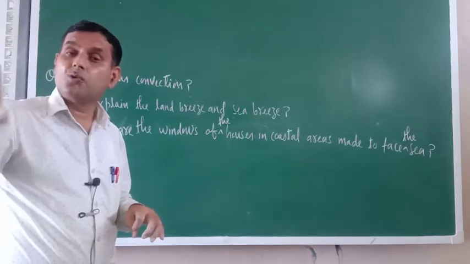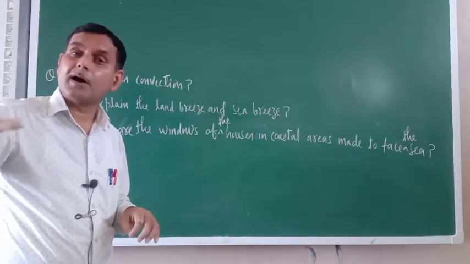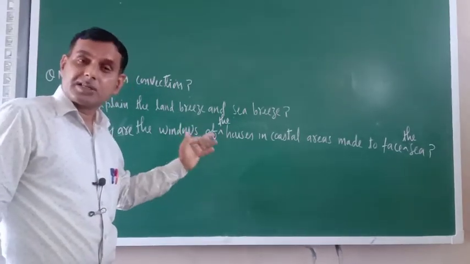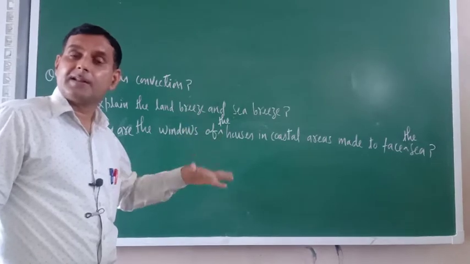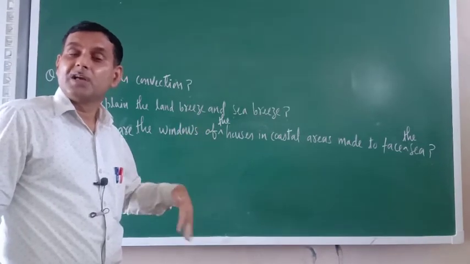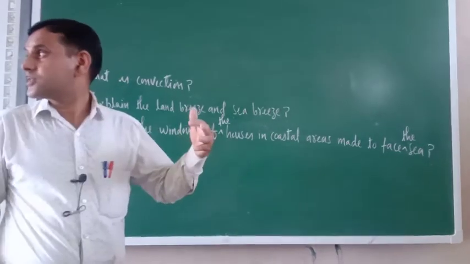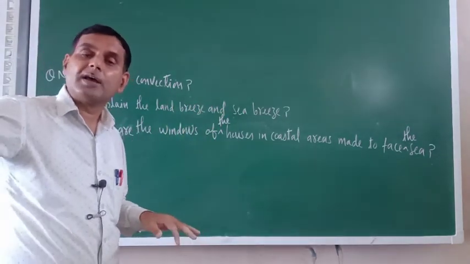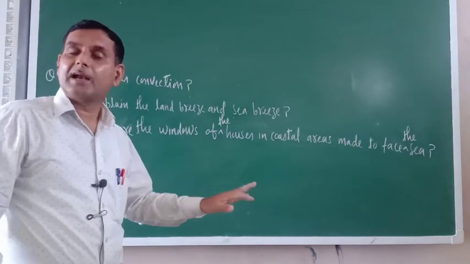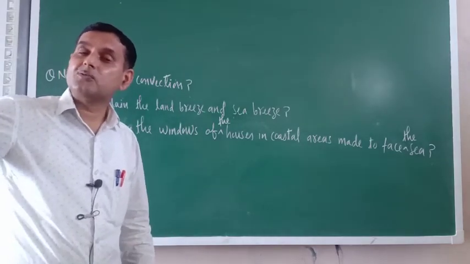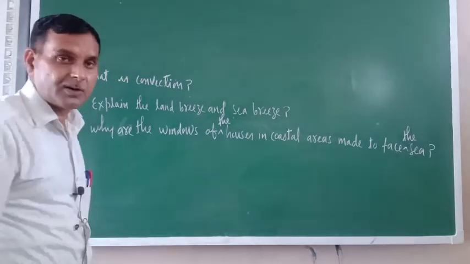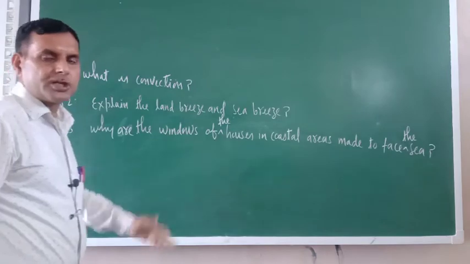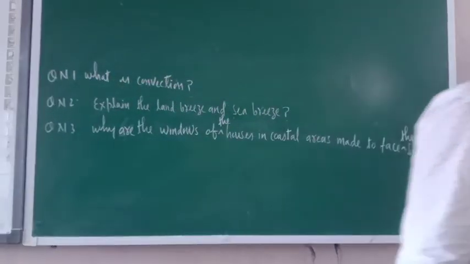A breeze in which cool air moves from sea to land during the day. So in coastal areas people make their house windows face the seaside, so they receive the cool air. This is the reason. The answer is also given in the NCERT book. So you should write the answers to these 3 questions.